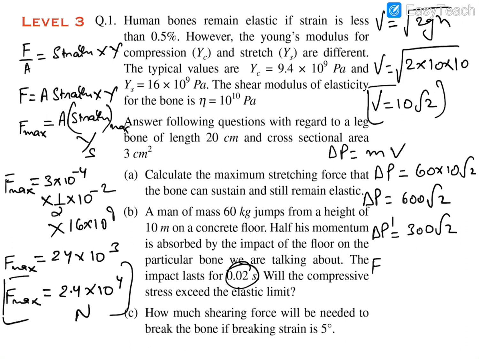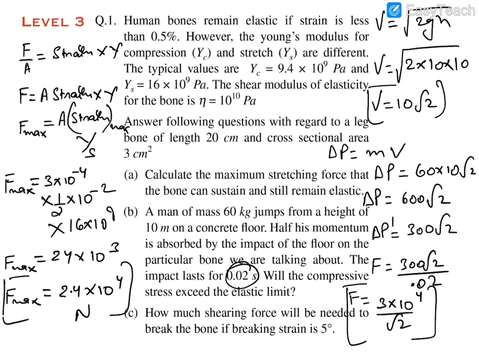So the force applied on the bone will be 300 root 2, the momentum absorbed by the bone, upon 0.02. So F will be equal to 3 into 10 raised to power 4 by root 2. This is the force which the bone will be experiencing.